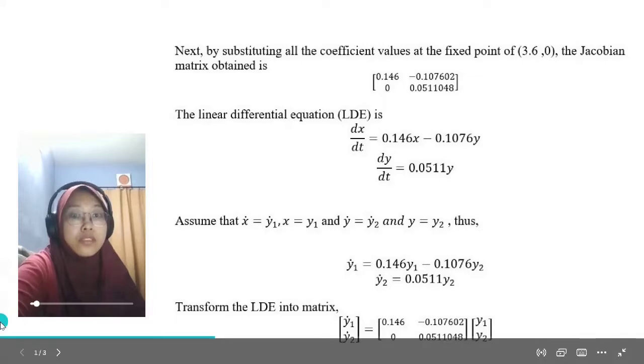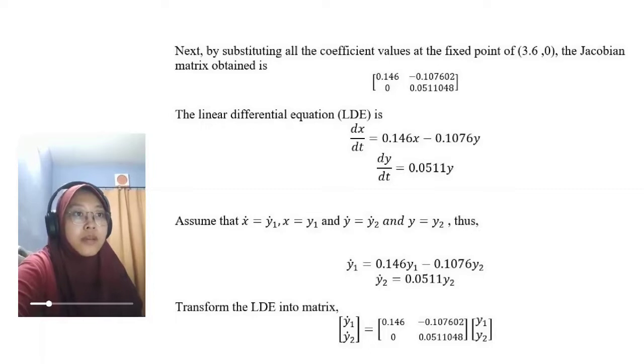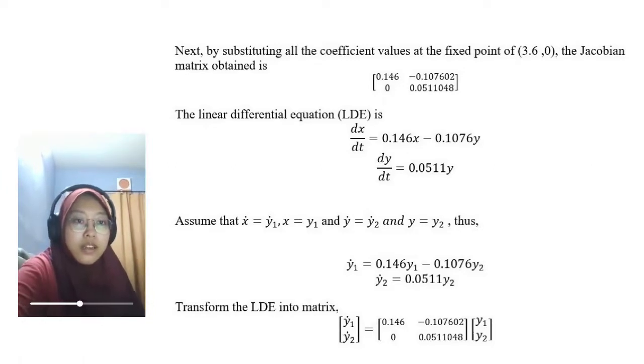Right, so next we will substitute the coefficient values at the fixed point of (3, 60), and we can obtain a Jacobian matrix. And then we can also construct a linear differential equation based on the matrix.